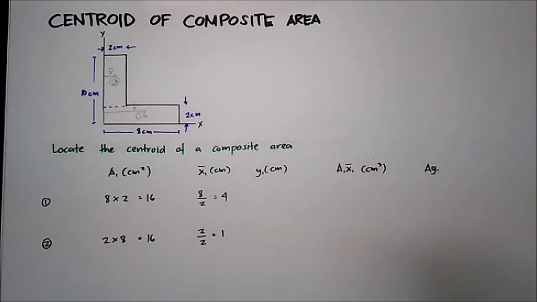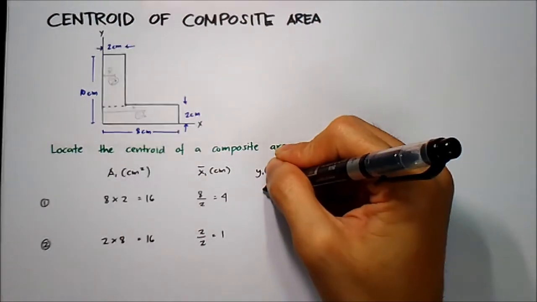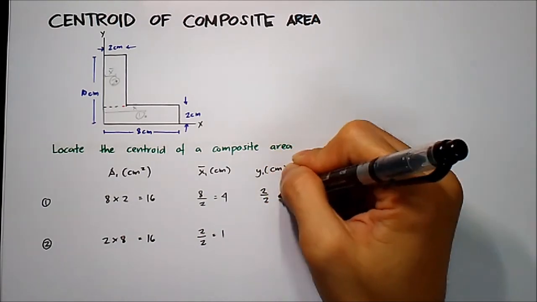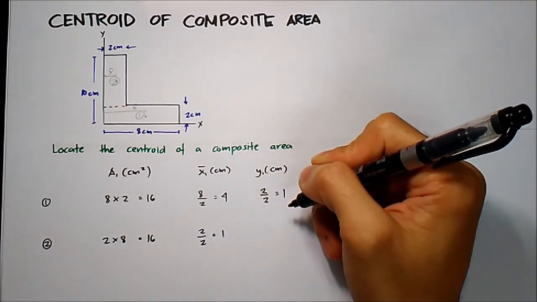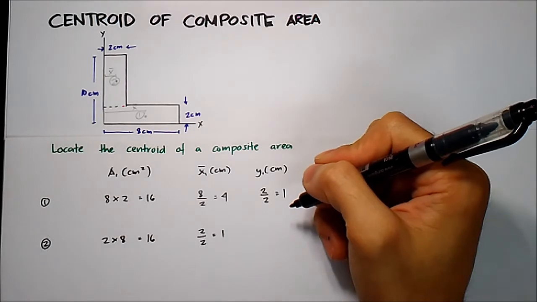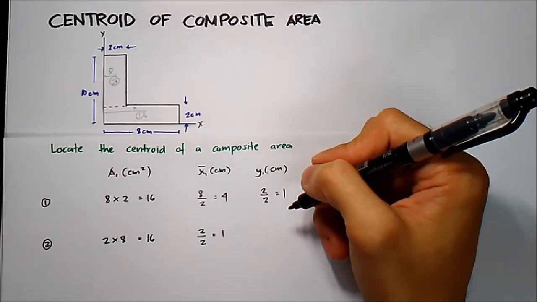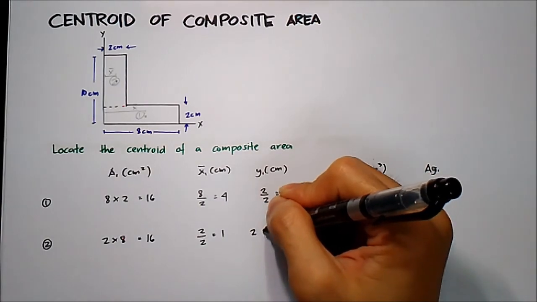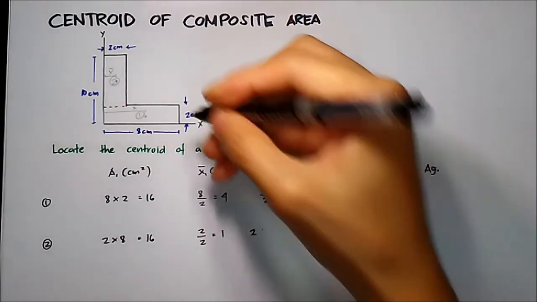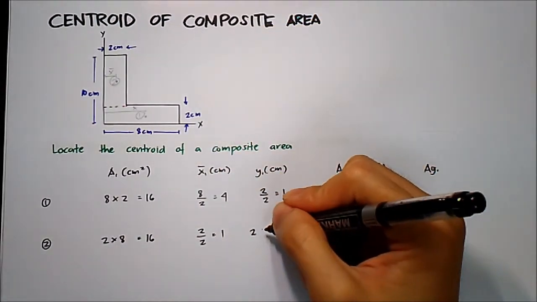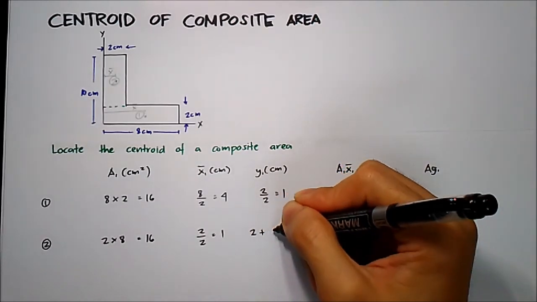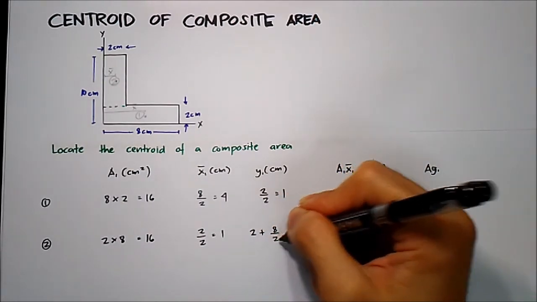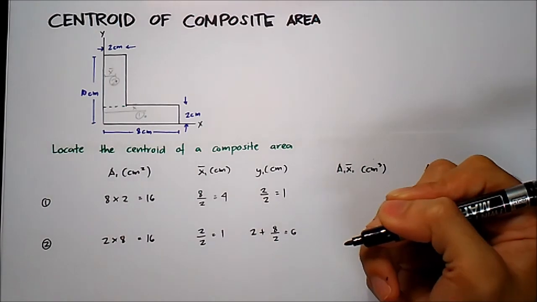The centroid of the lower rectangle is 4 and the upper rectangle is 2 with a 2 cm height plus 1/2 of its height, equal to 6.